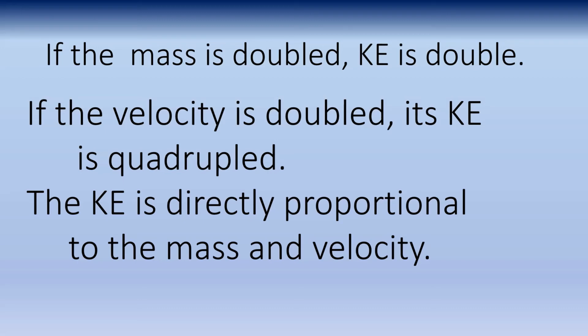If the mass is decreased, the kinetic energy also decreases. Same thing with the velocity. If the velocity is increased, the kinetic energy will increase. And if the velocity is decreased, the kinetic energy will also decrease. So they are directly proportional.